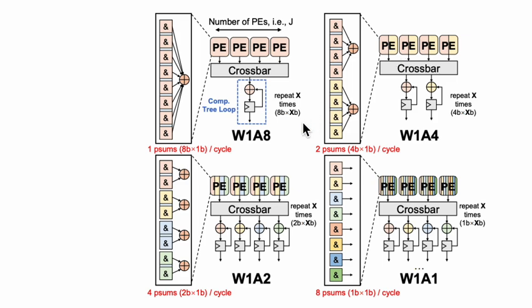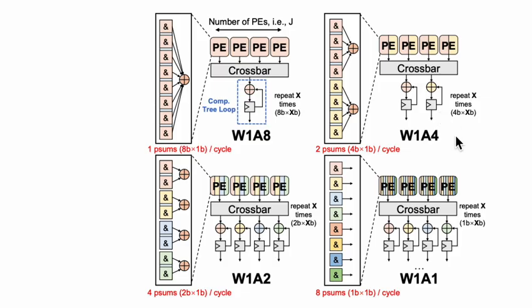For example, in W1A4 mode, with 1-bit weight and 4-bit activations, two multiplications are executed simultaneously and packed into an 8-bit output in a single cycle.